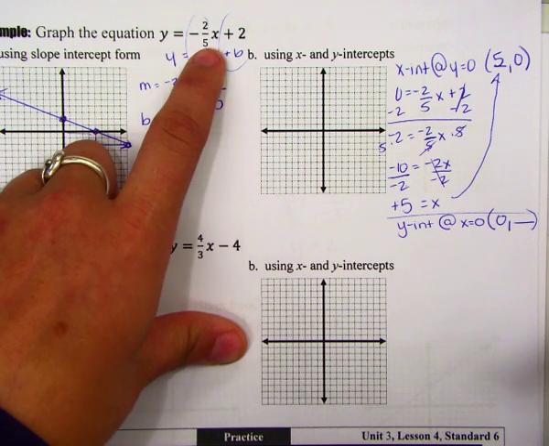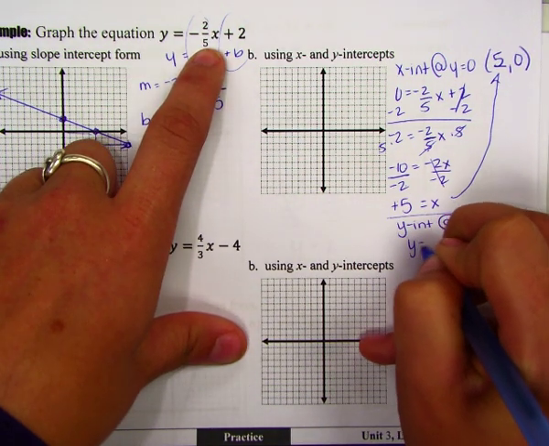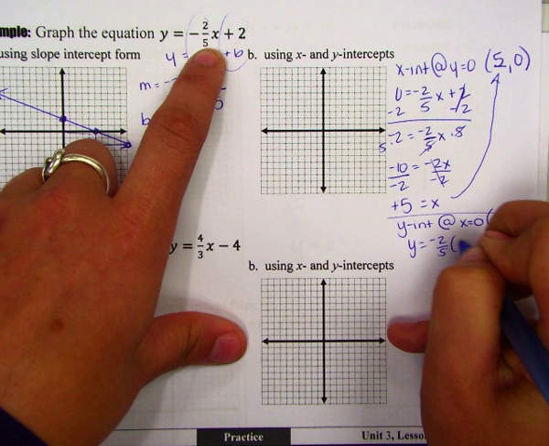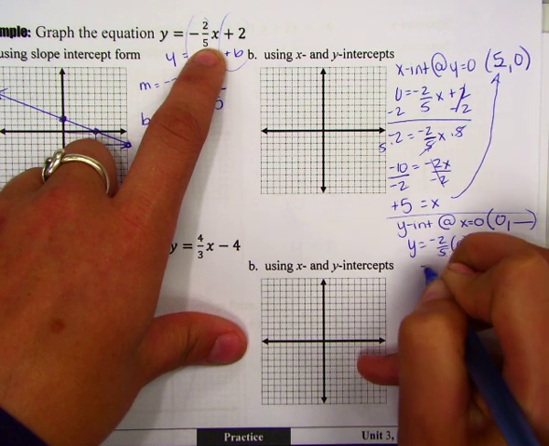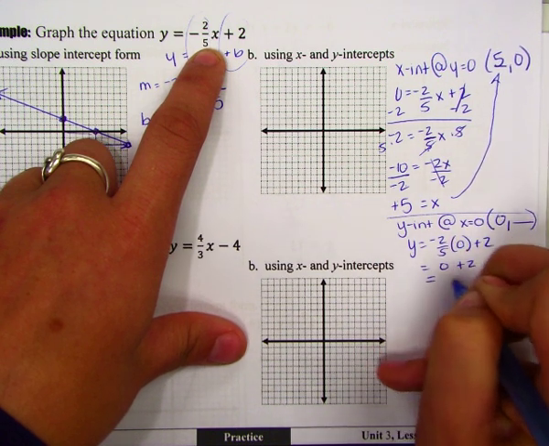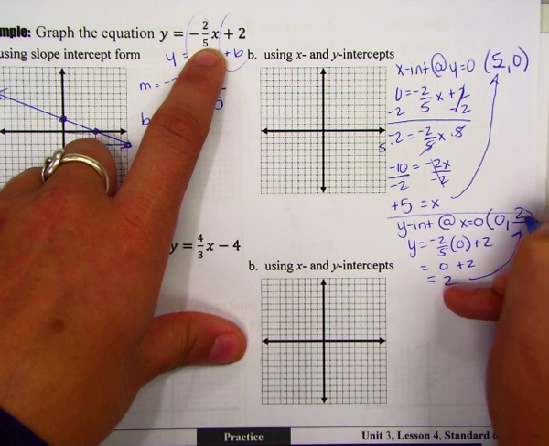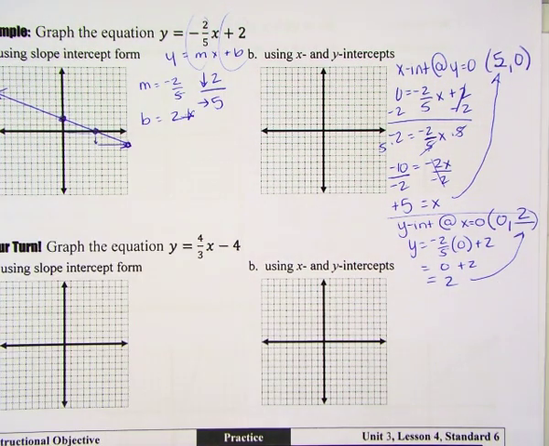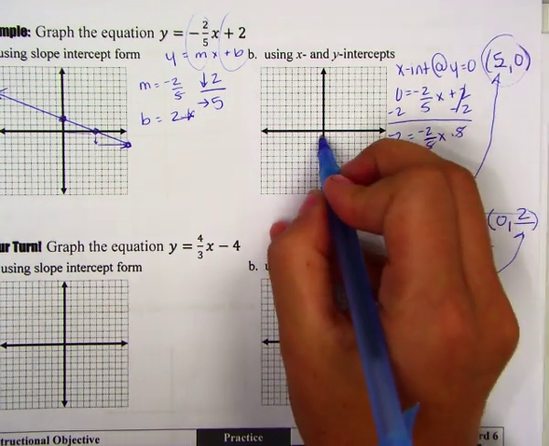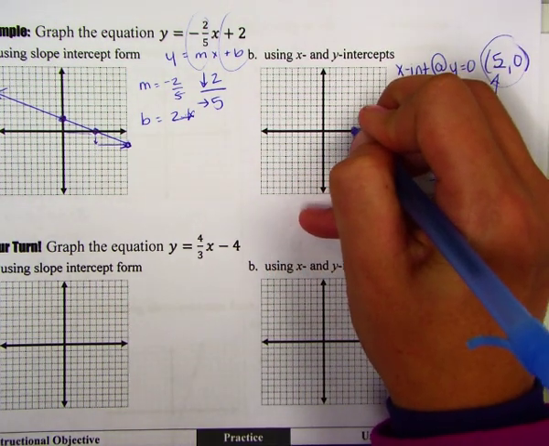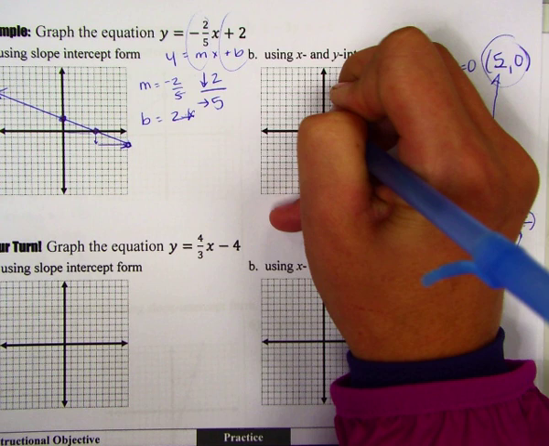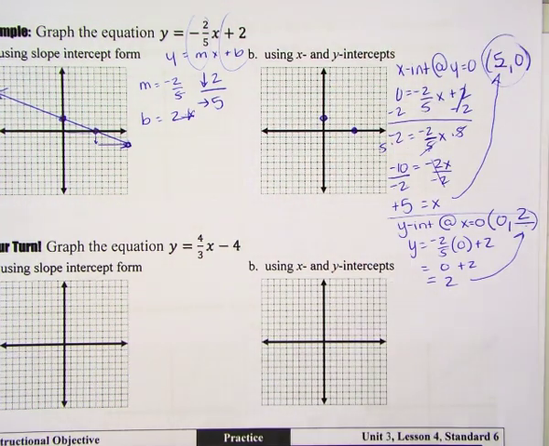So I'm going to substitute 0 in for x and solve. So if I want to graph this using x and y-intercepts, here's my x-intercept, 5, 0. Here's my y-intercept, 0, 2. And then I draw my line.